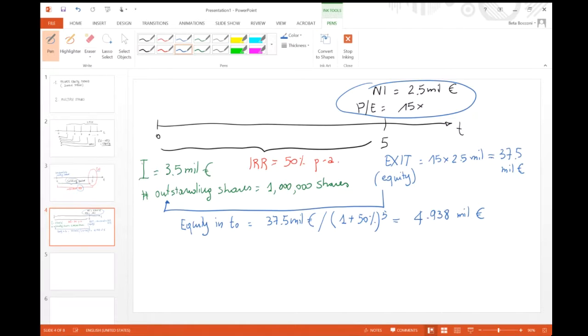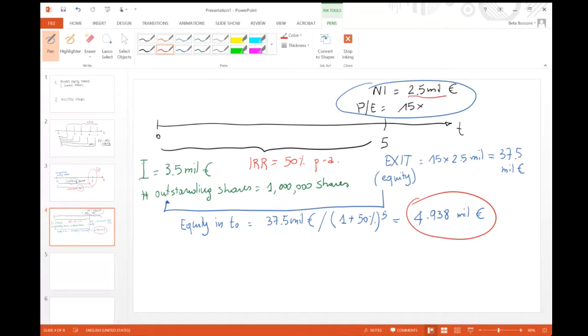So what we know is that today 100% of the company value, and please remember that this is a value calculated assuming a net income of 2.5 million that already takes into account our equity injection of 3.5 million euros.